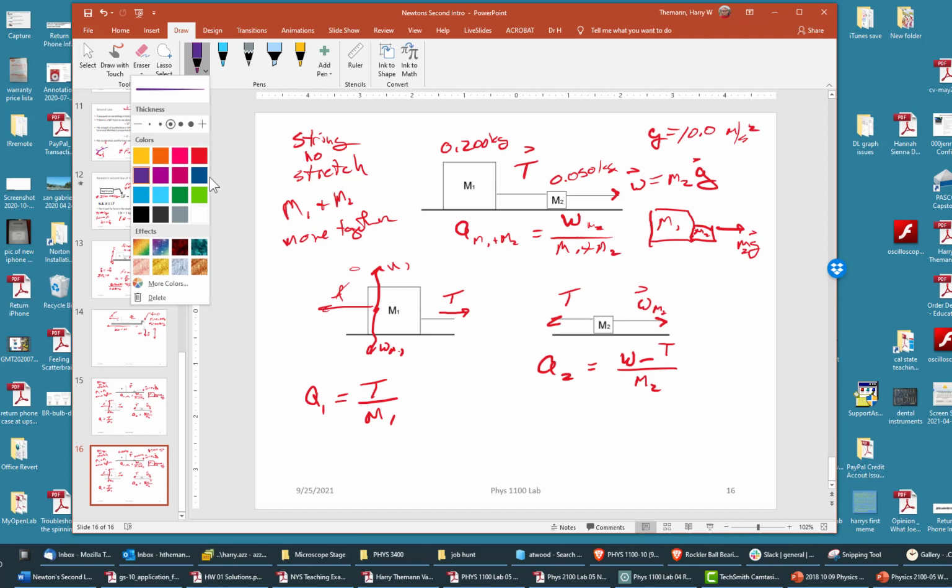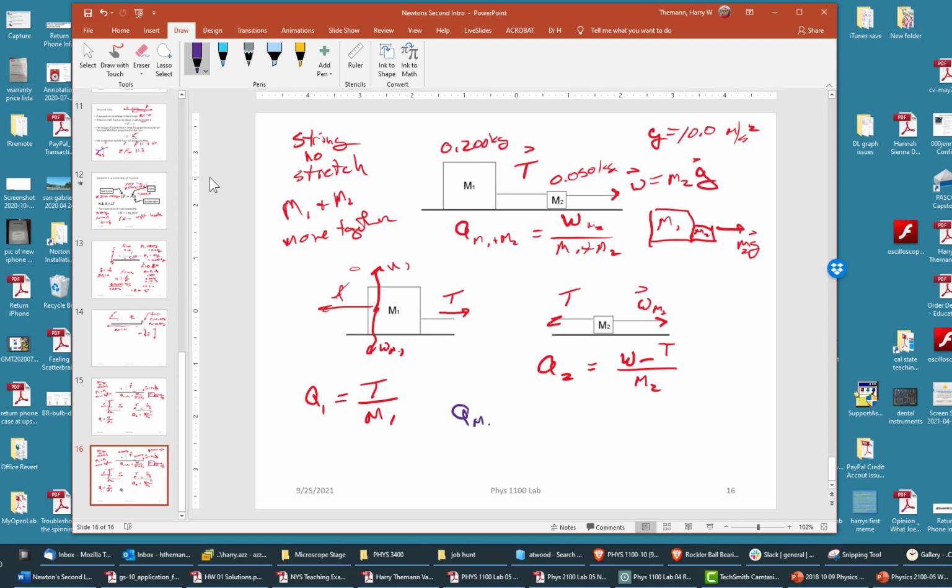So we know that the acceleration of m1 plus m2 is going to equal the weight of this, which is the mass of m1, 0.050 kgs, times 10.0 meters per second squared, all over 0.250, because that's when I add up the two masses.